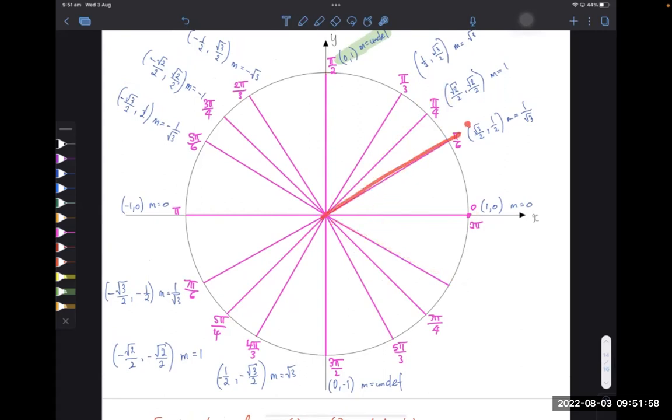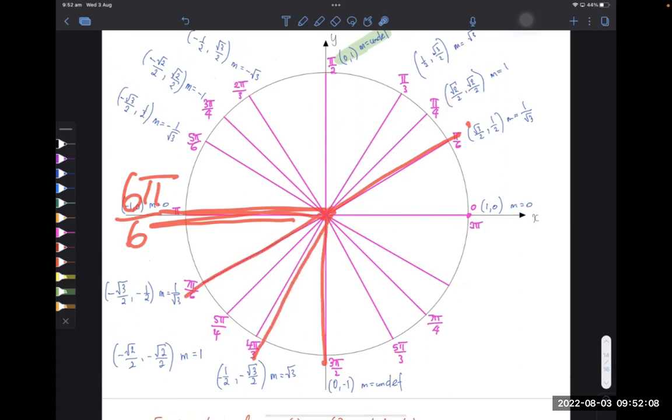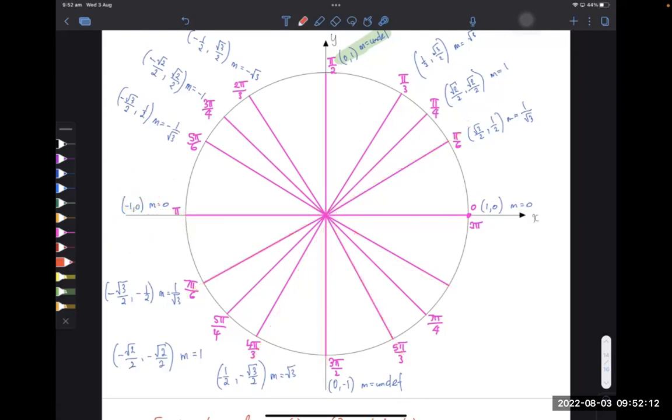Instead of counting to 6, we already know that this is 6 pi on 6, yeah? So we'll start here at 6 pi on 6 instead of counting the top half again. 7, 8, 9, 10, 11 pi on 6.